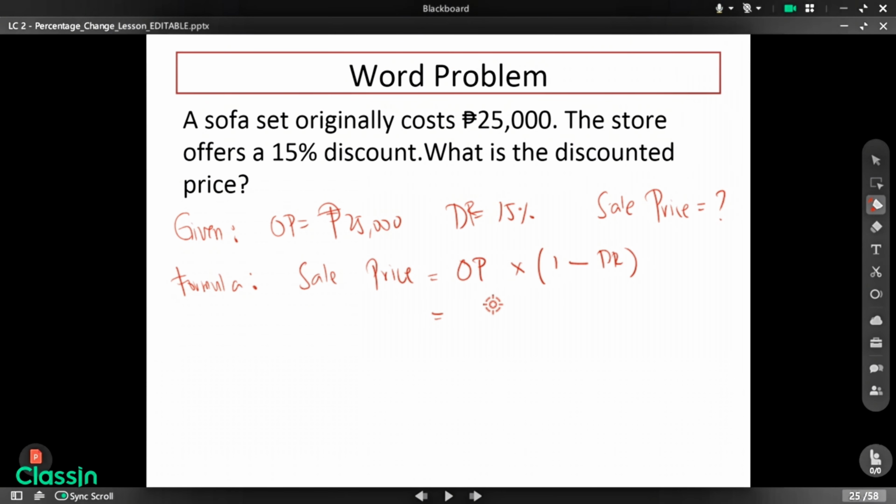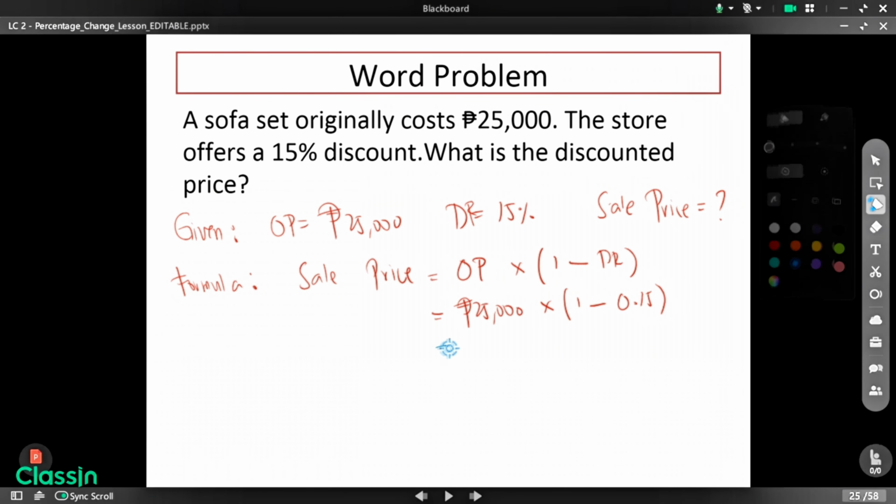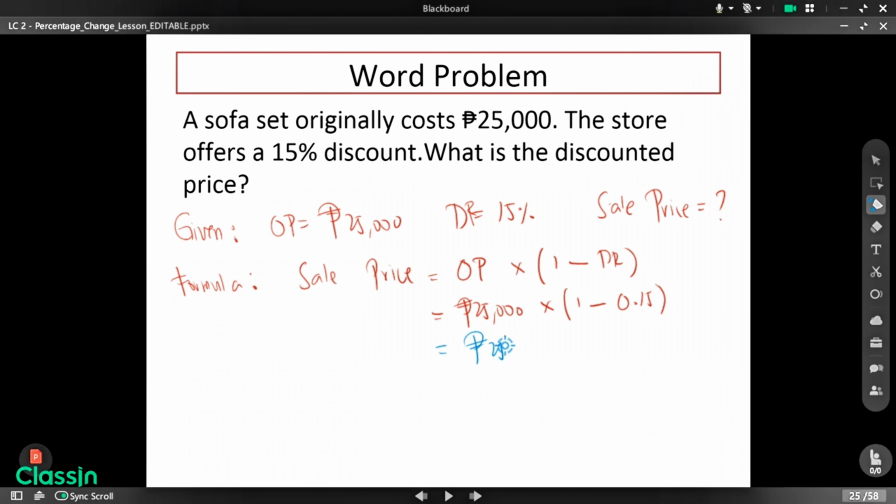So it will be 25,000 pesos times 1 minus 0.15. So it will be 25,000 times 0.85.